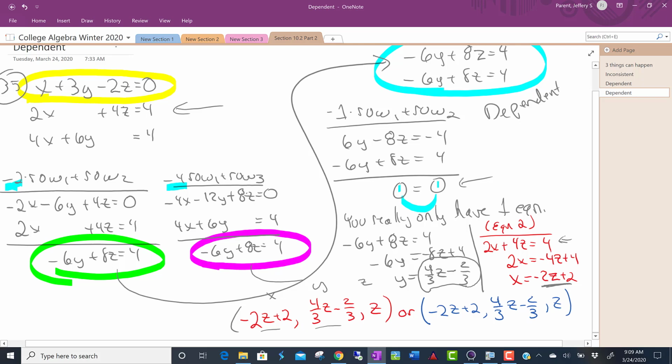So we're going to replace z by t, and replace this z by t, and replace this z by t. So that's your equation in terms of a parameter t, and that's pretty awful. There you go. So that's what's called a parameterized solution.